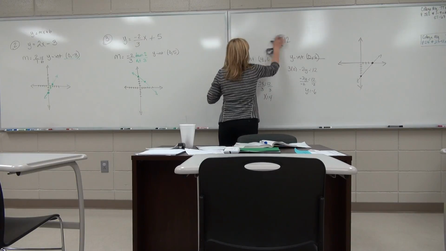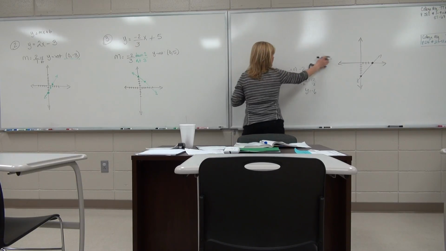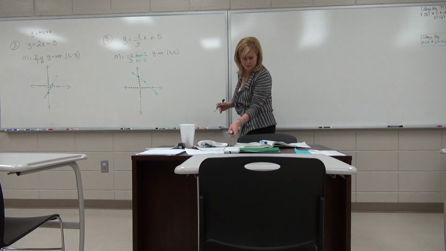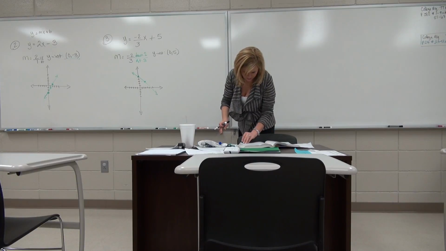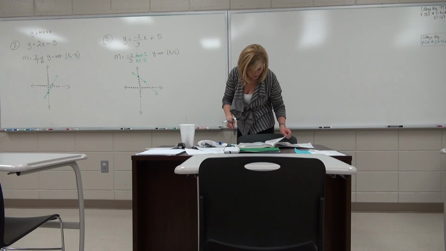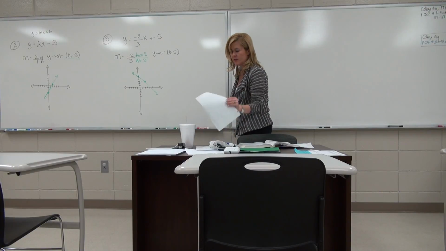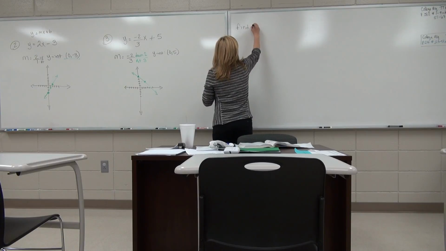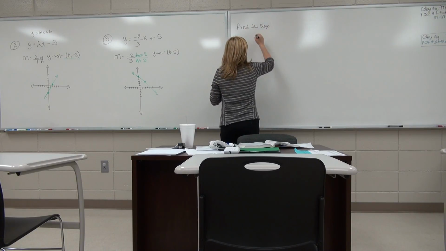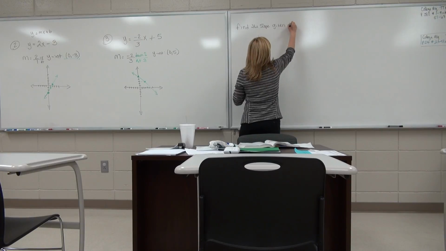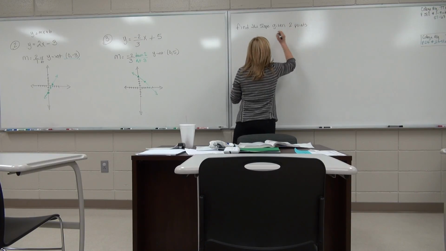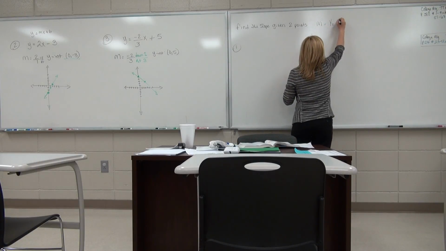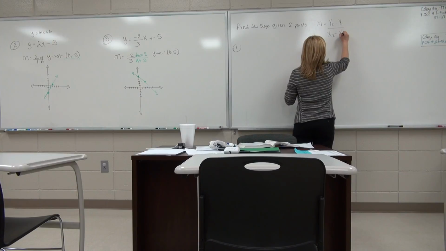Next, let's look at another one. Let's see if we can use the slope formula. Okay, so if you're told now to find the slope given 2 points, this means you're going to use your slope formula: the difference of the y's over the difference of the x's.